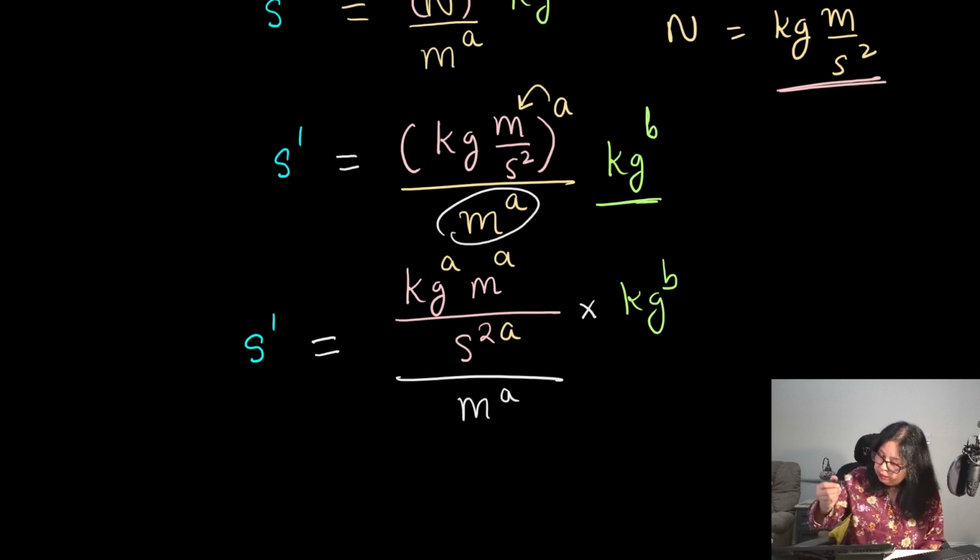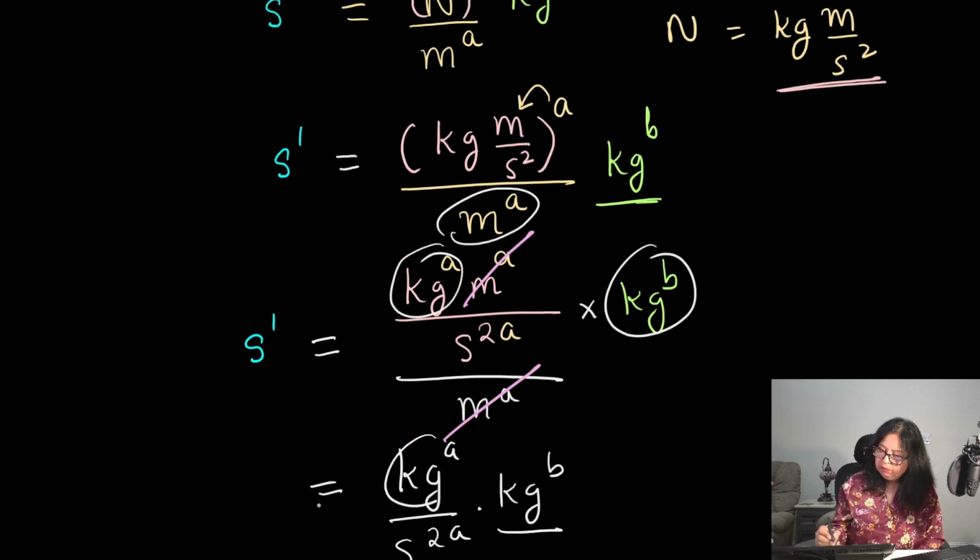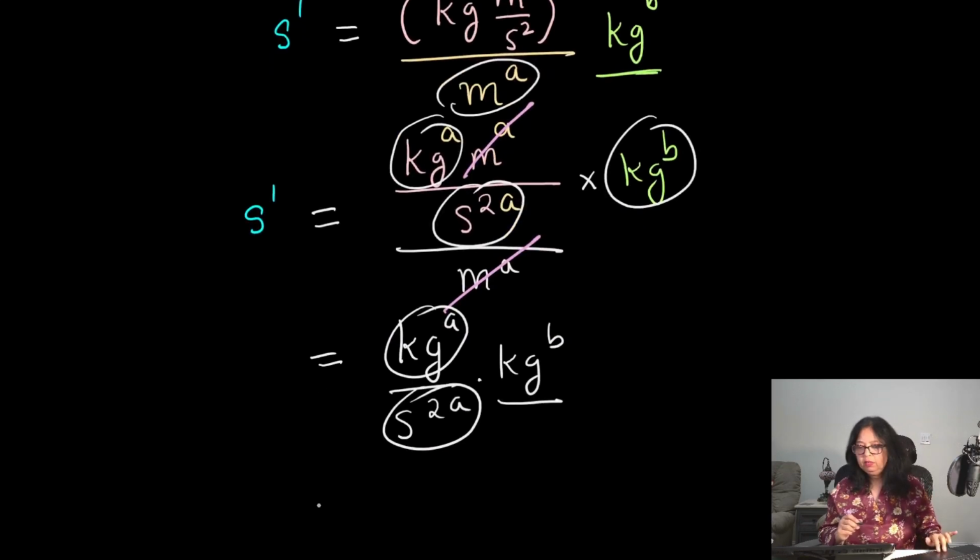Now here, something very interesting happens, and that is going to be this meters to the power A cancels out this meters to the power A. Simple mathematics. This gives us kilograms to the power A divided by seconds to the power 2A times kilograms to the power B. See that?